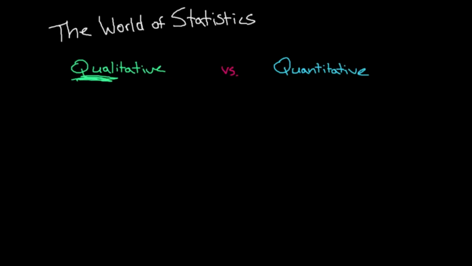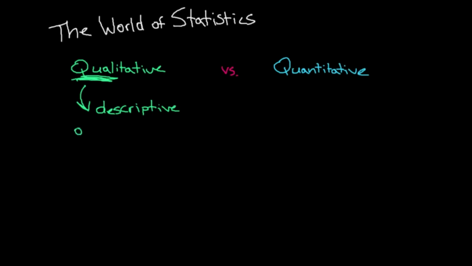So what is qualitative data? Qualitative data is usually descriptive, meaning qualities, something that has an attribute, something that has a label. Typically it doesn't involve numbers, and that's kind of the big thing with this. So let's write that down.